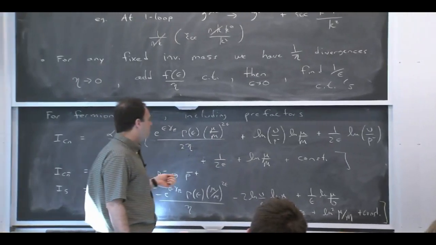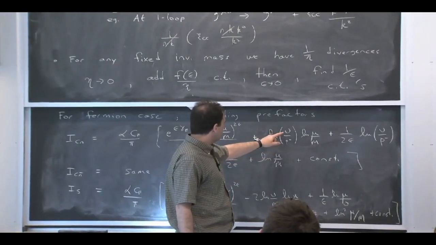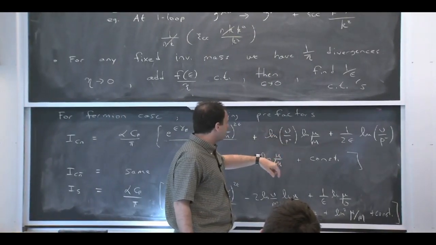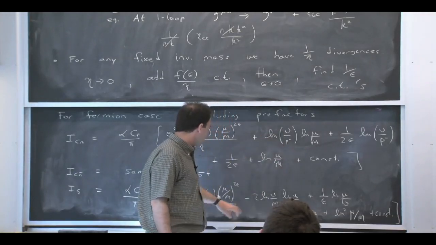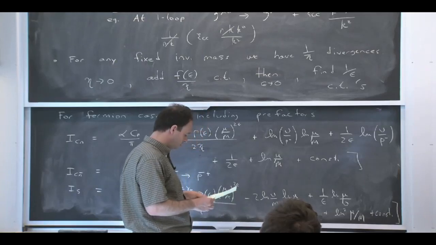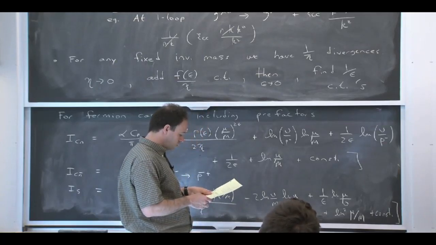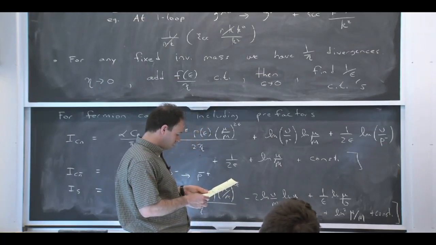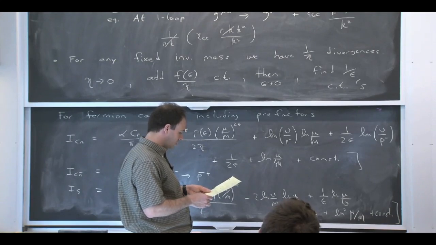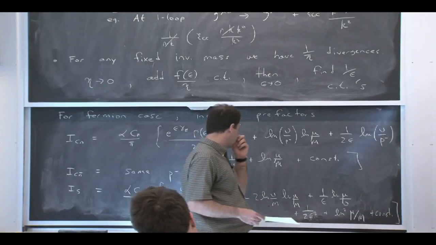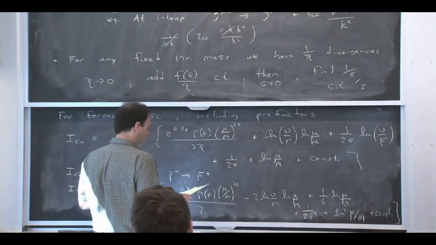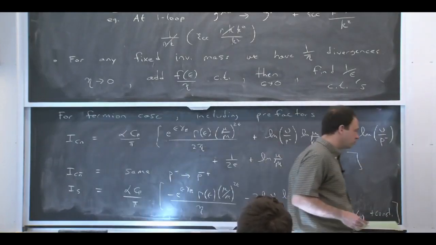Because if you look at the types of logs that are showing up here, in this case, we have a nu over p minus, and in this case, we have a nu over m. Okay? We also have a mu over nu.